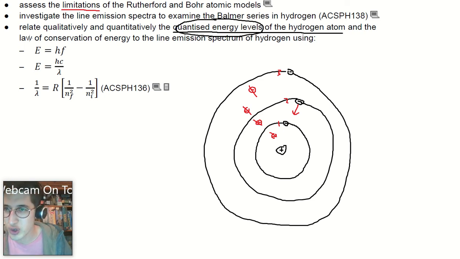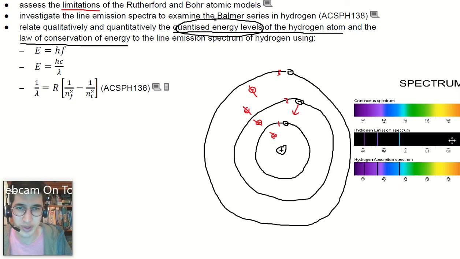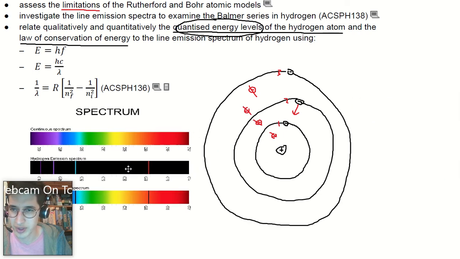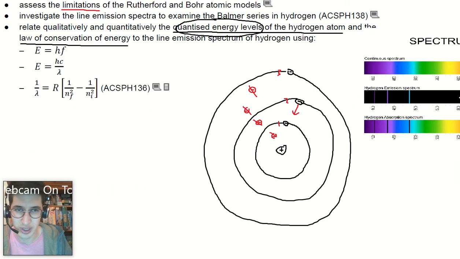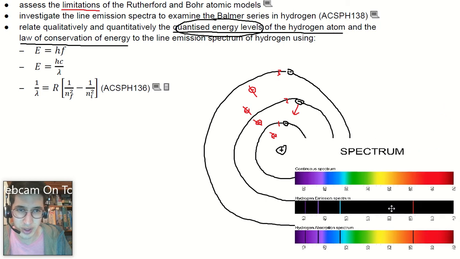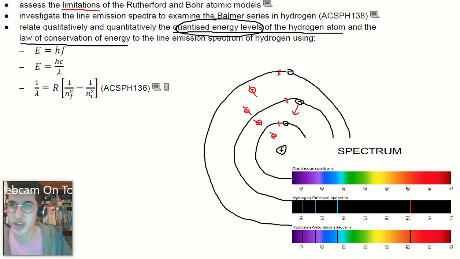Okay, and the law of conservation of energy. So there was this phenomenon called the absorption and emission spectra. Here's the spectrum. Let's put it here. It's this phenomenon that people knew about, but they couldn't explain, and Bohr's model explained it perfectly.